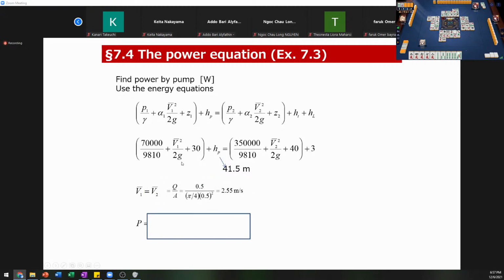Before getting the pump head, you have to calculate the velocity term also. And then finally, you can substitute the definition gamma QH, and you can get P equals 204 kilowatt. Yeah, you're right, Ado.